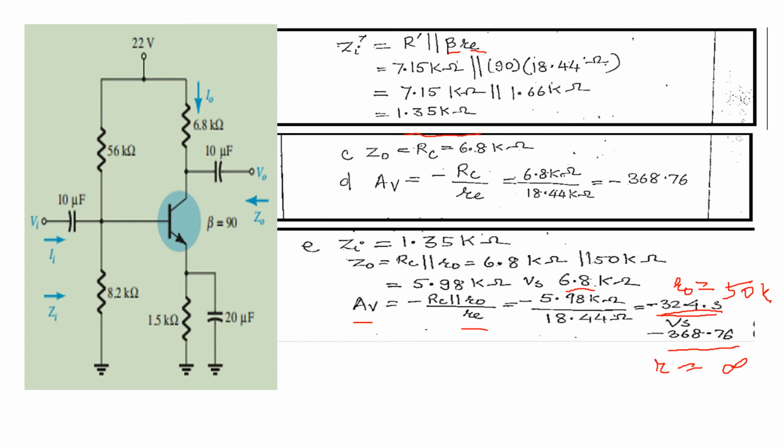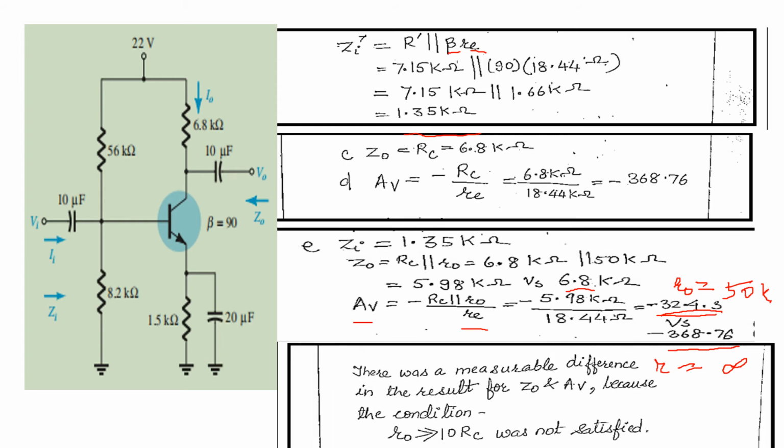So we have to take an alternative arrangement, applying another amplifier to increase the amplitude of the signal in the public address system. There was a measurable difference in the results for Z0 and AV, because the condition that R0 is greater than 10 times RC was not satisfied.